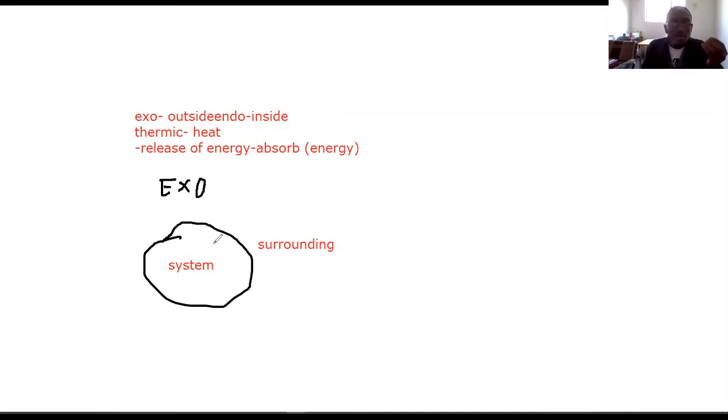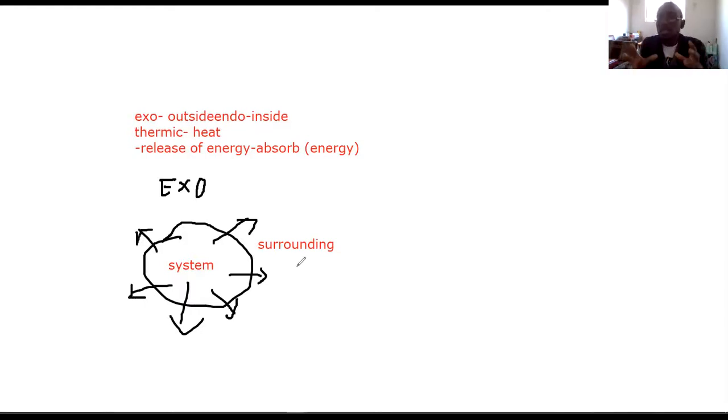Heat is being released from the system, and it's going to the surroundings. Heat is moving from the system to the surroundings. Therefore, the surroundings become hot. That is why when it's an exothermic reaction, you feel the heat, you feel hot. The best example is you set up a brazier.